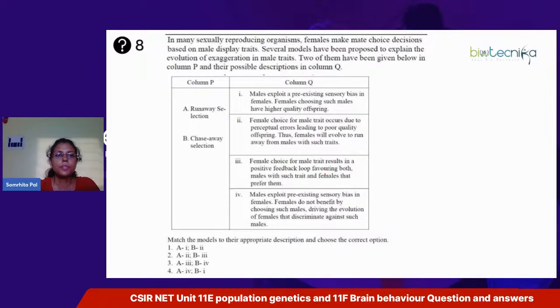In many sexually reproducing organisms, females make mate choice decisions based on male display traits. Several models have been proposed to explain the evolution of exaggeration in male traits. Two of them have been given below in column P and their possible description in column Q.